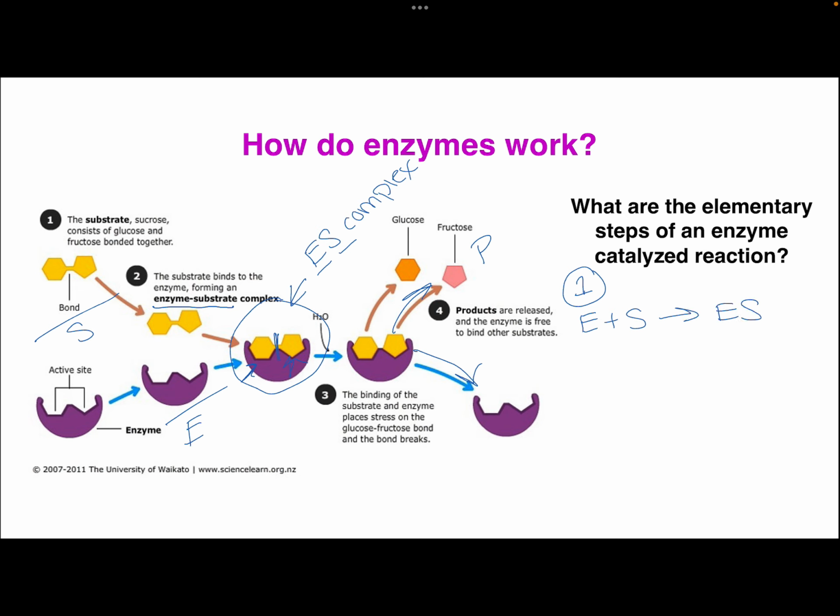Then, once the enzyme substrate complex is formed, that decomposes into free enzyme, ready to catalyze again, and the product. These are the elementary steps of the process. And because they're elementary steps, we can use those to get rate laws.